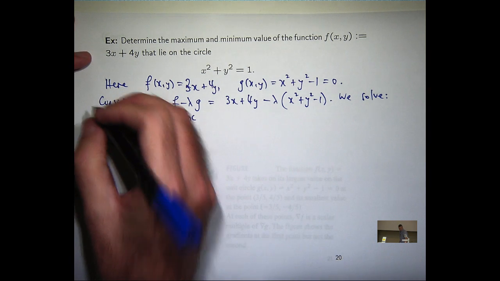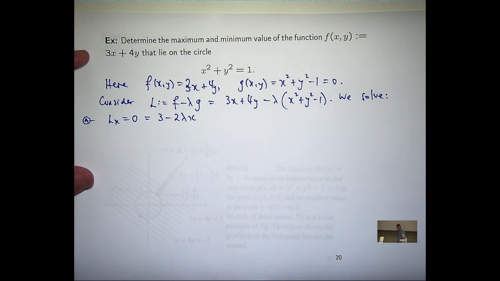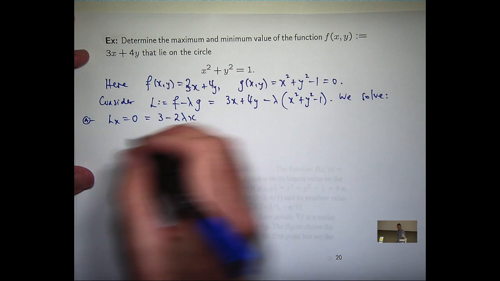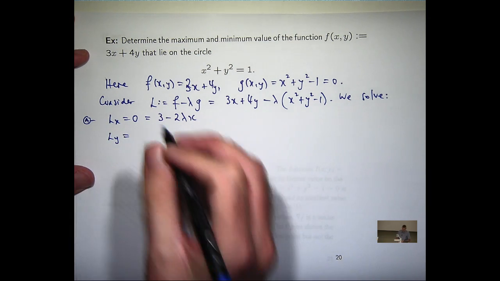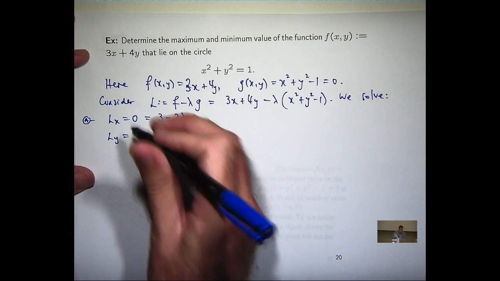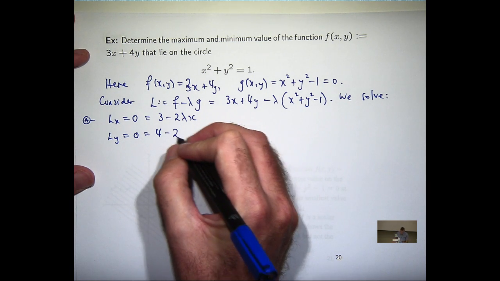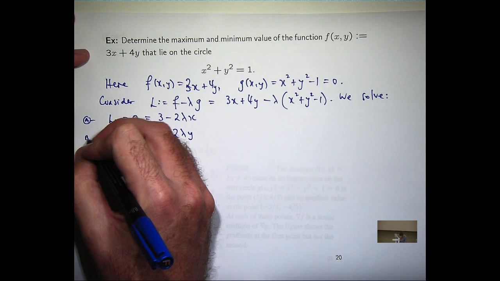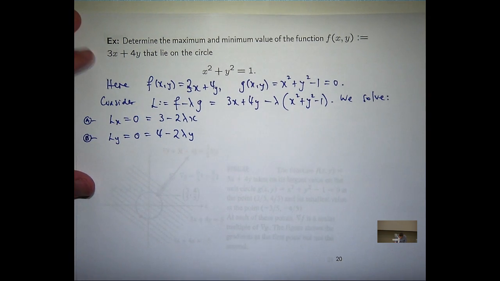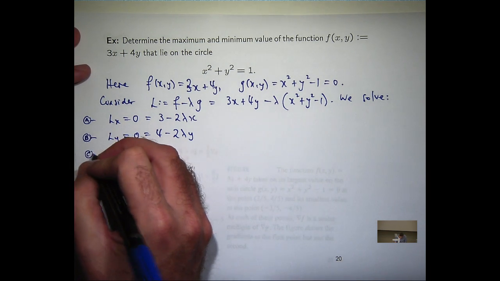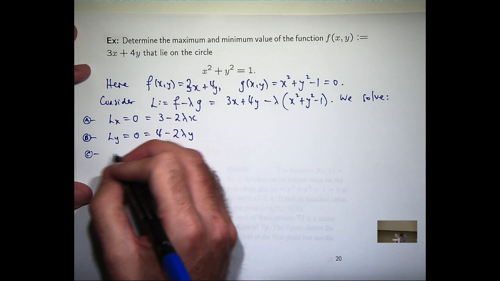So let's call that, I don't know, equation A. L sub y is going to be, we set that to 0, 4 minus 2 lambda y. And of course, let's not forget about our constraint equation.